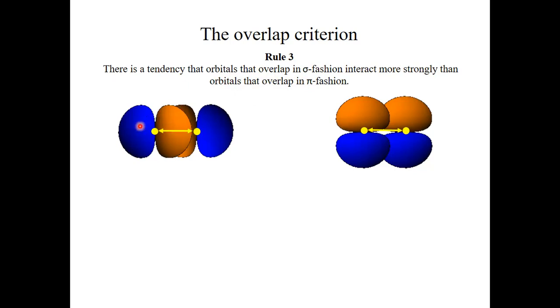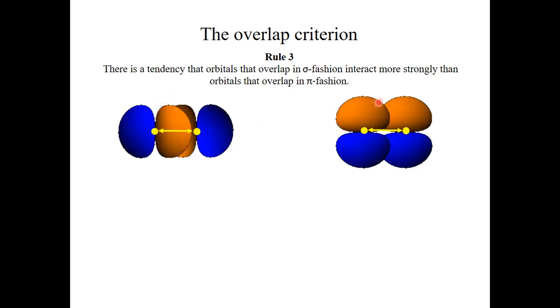For instance, here we have two p orbitals that overlap on the bond axis, whereas here they are overlapping perpendicular to the bond axis. We can easily see that when the orbitals are oriented this way, they interact in sigma fashion, and there's a strong orbital overlap between them.